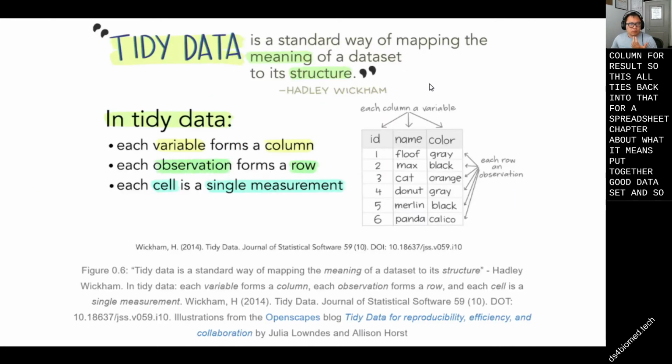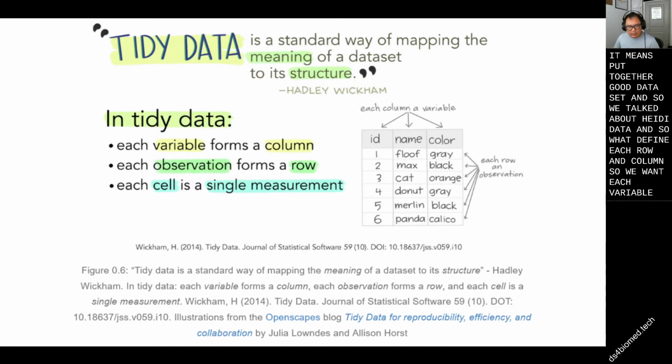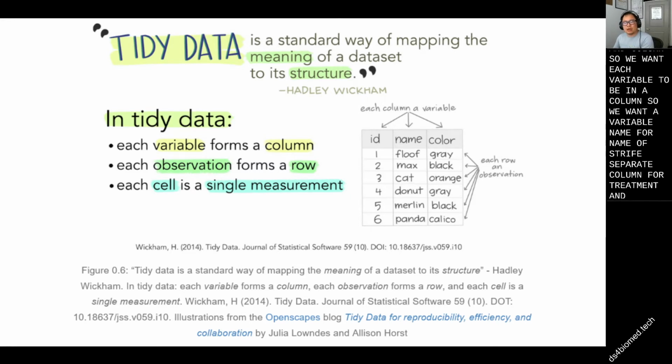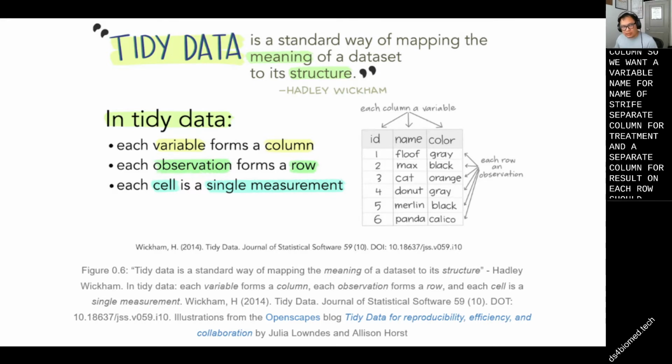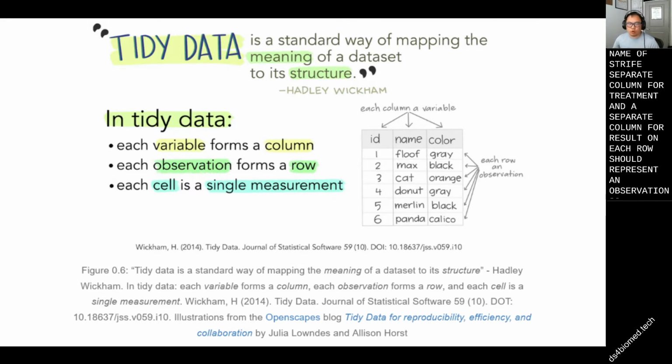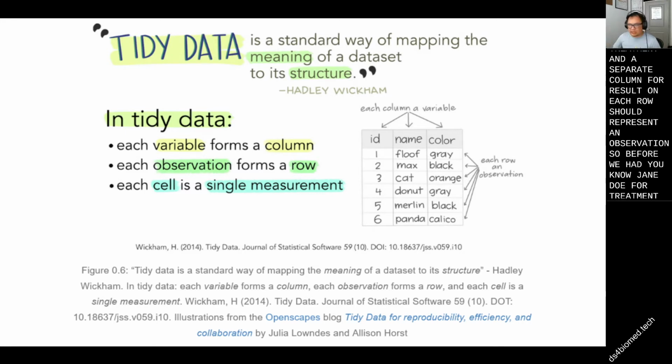And so we talk about tidy data, and what defines each row and column. So we want each variable to be in a column. So we want a variable name for name, a separate column for treatment, and a separate column for result. Each row should represent an observation. So before we had Jane Doe for treatment B, her result.